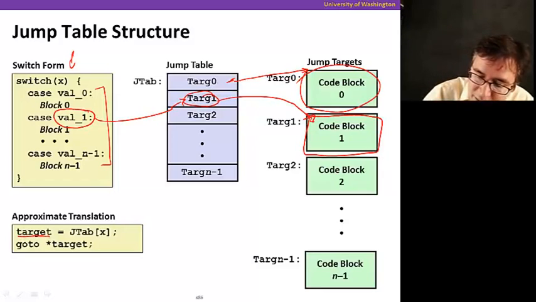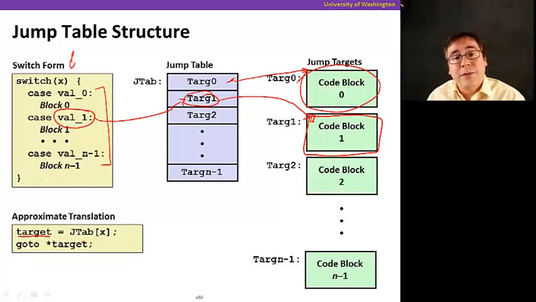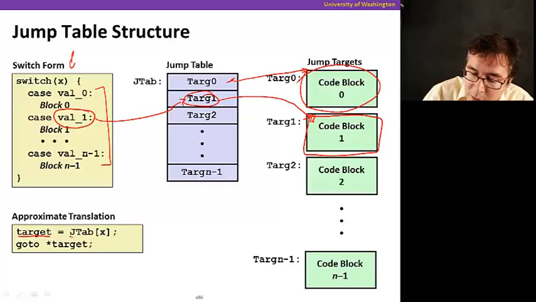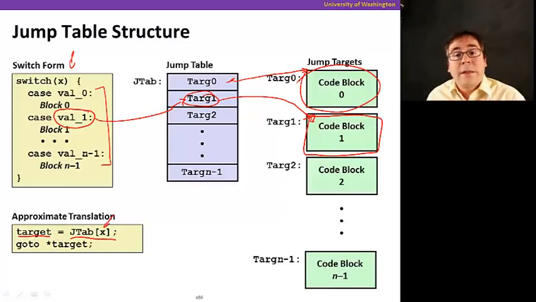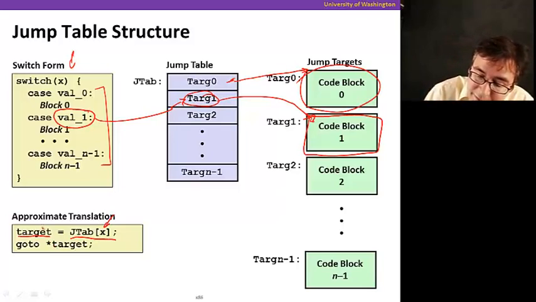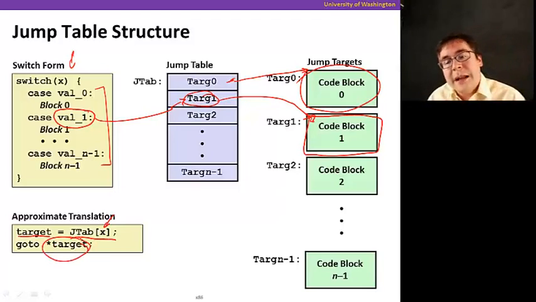You could have a variable called target, which holds the target address for a given option. We're going to look up our jump table, which is just an array of instruction addresses. We're going to index that array with X, and we're going to get the value, storing it in target, and we're going to jump on it. We're going to do a goto and use that as an instruction address and jump to that address.